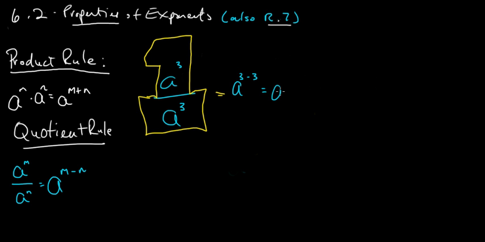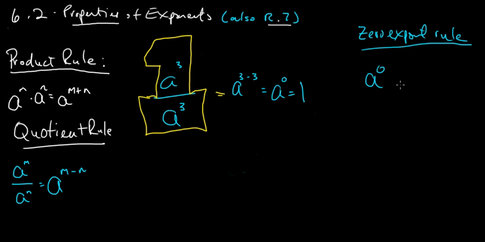And of course 3 minus 3 is 0. So a to the 0 power is 1. And that gives us our 0 exponent rule, which is that any number to the 0 power is 1, is the identity 1.